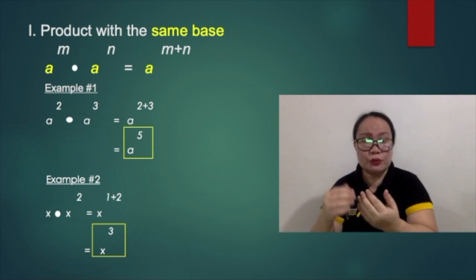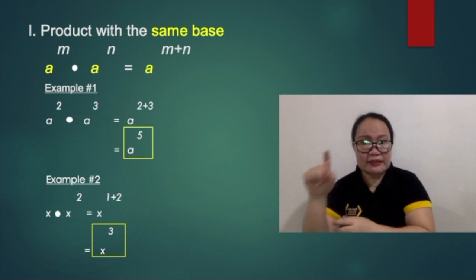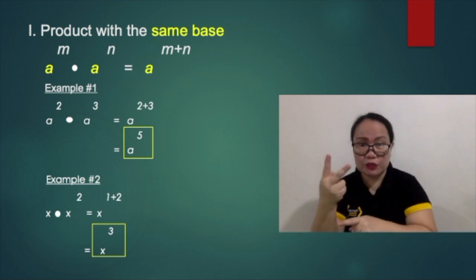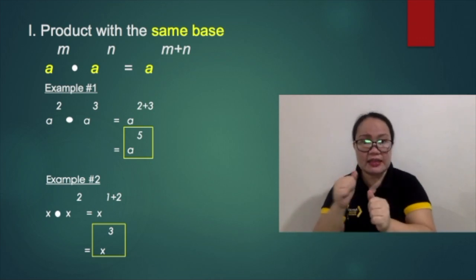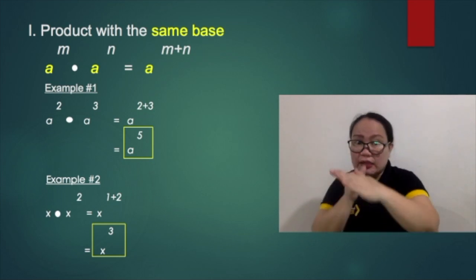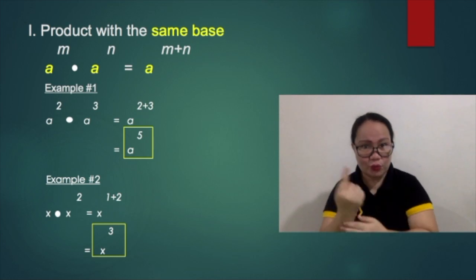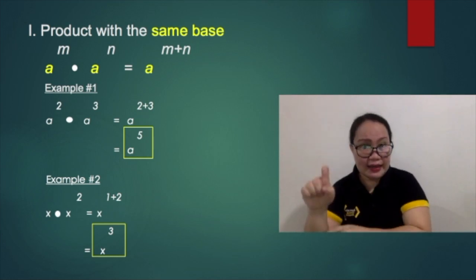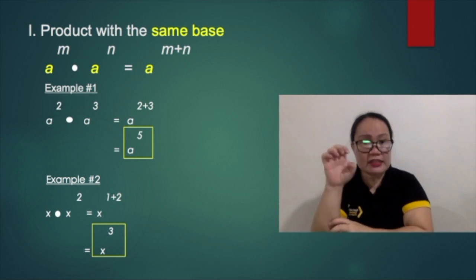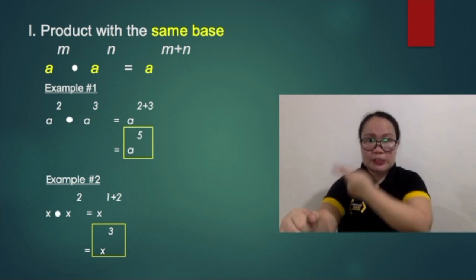We have to always think that if you cannot see the exponent, it always means that the exponent is equal to 1. So 1 is hidden all the time. So x means it has 1 as its exponent or power.